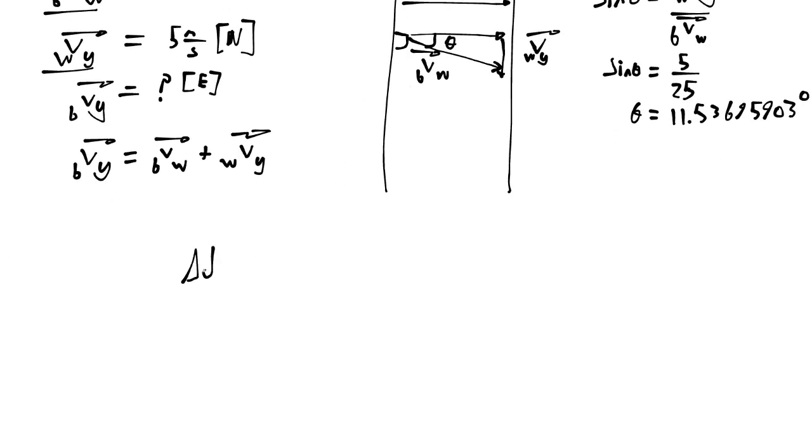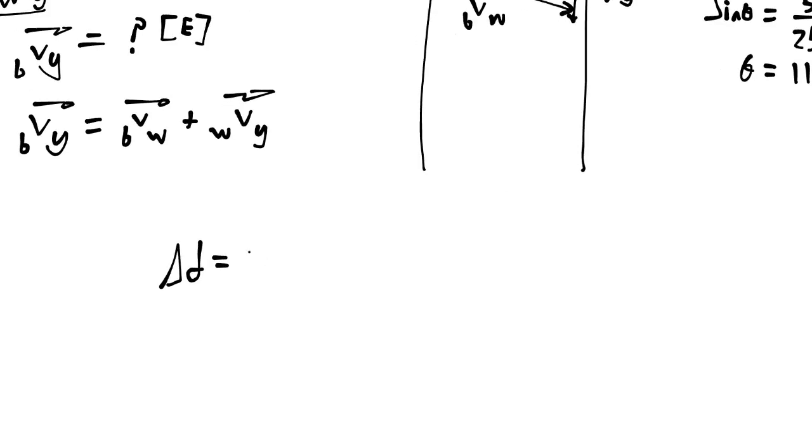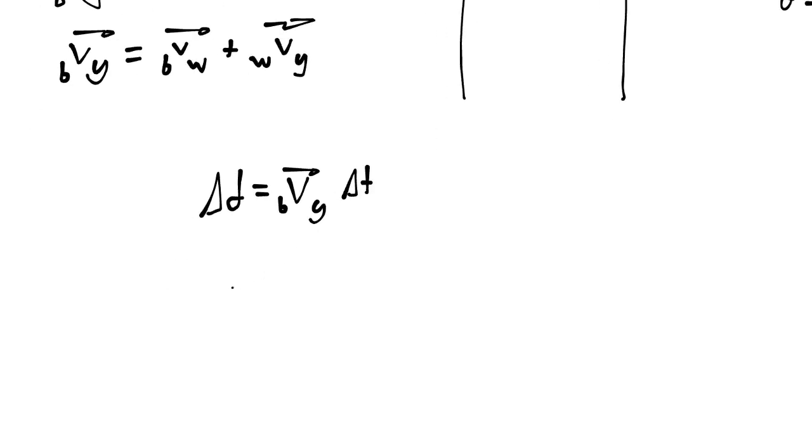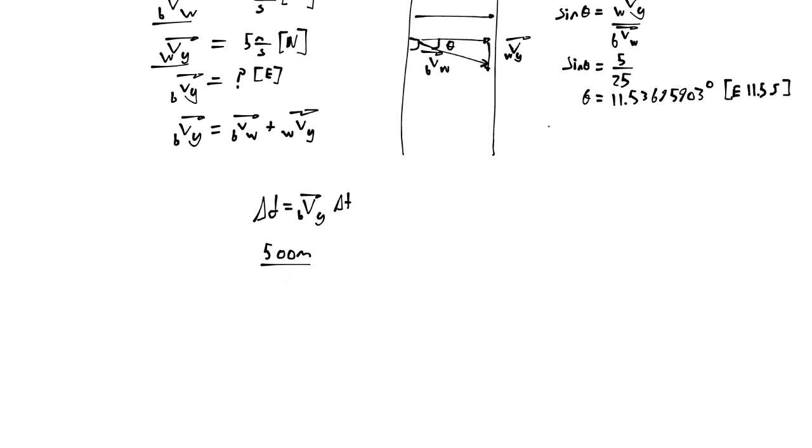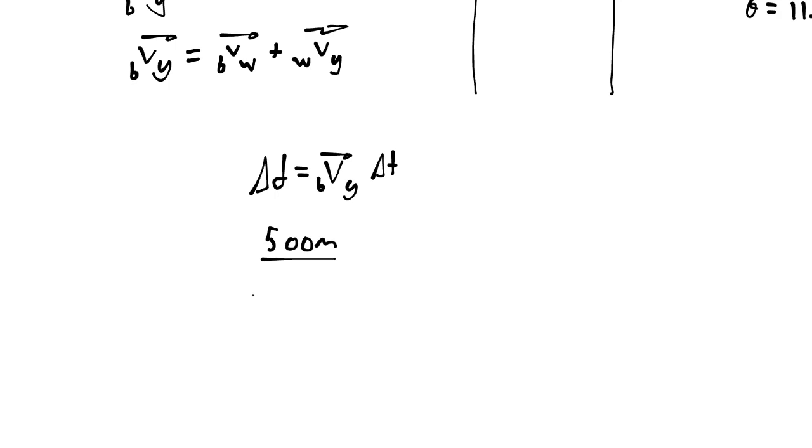So delta D is equal to velocity of the boat with respect to the ground multiplied by delta T, and then you're just going to rearrange. So 500 meters, and we just decided that it was 11.53, so it's going to be cos 11.53, and then times 25.